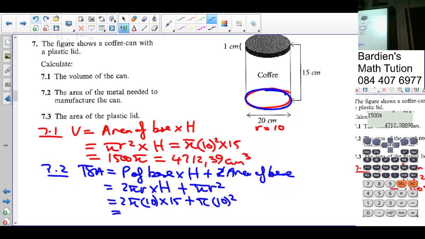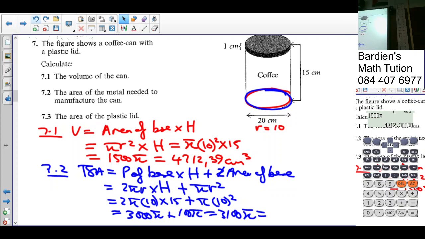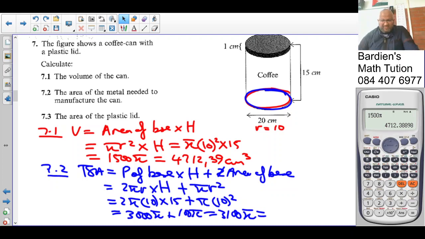So that is going to be 1,500 times 2 is 3,000 pi plus 100 pi, which is 3,100 pi, which in decimal equivalent. Just sort out this calculator quickly. Now sorted.